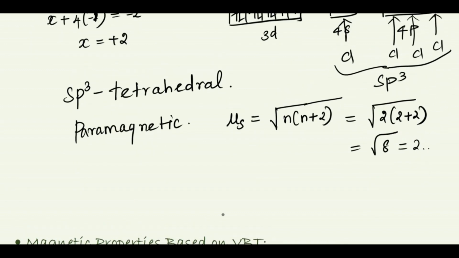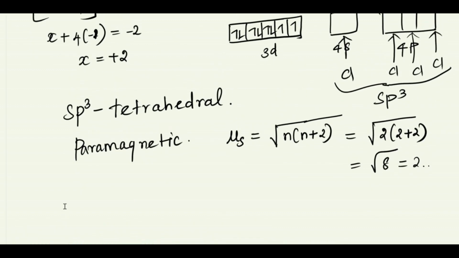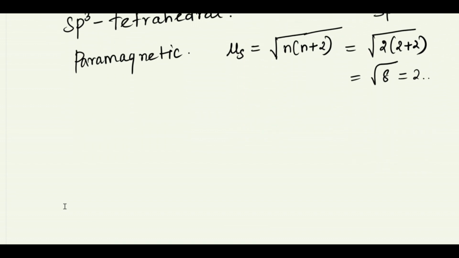Let me take you through another example also for octahedral, for a 6 ligand system. Mn(CN)6 4 minus. Okay. So here, what is the oxidation state? By this time you must be knowing how to calculate the oxidation state.